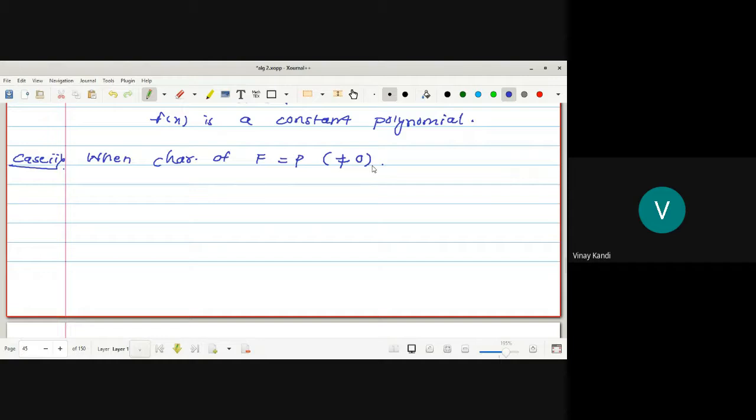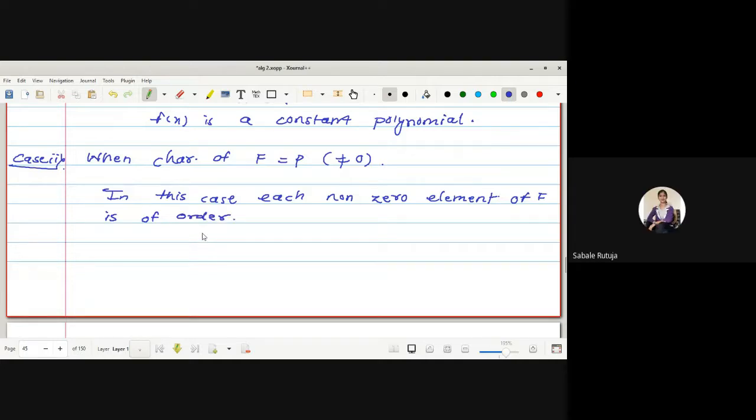In this case, each non-zero element of the field F is of order p. So in each case, a non-zero element of the field F is of order p.